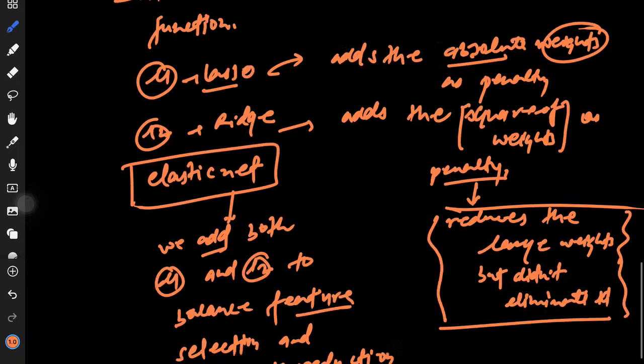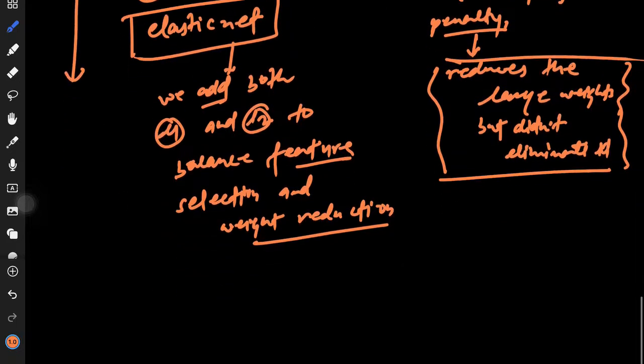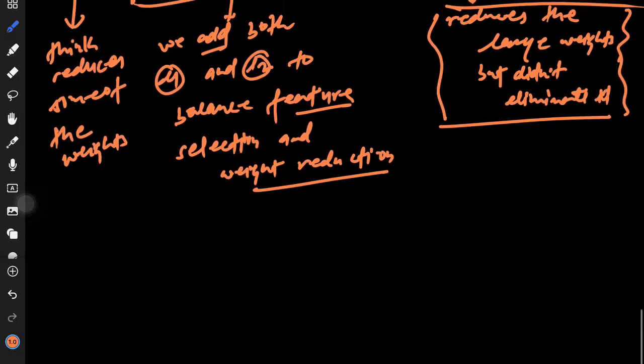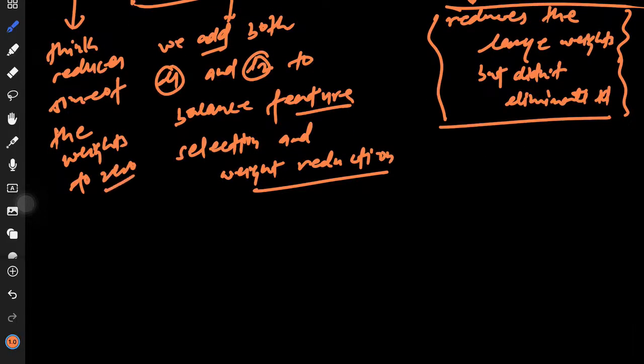And what L1 does is shrink some of the weights to zero, which reduces some of the weights to 0 and performs feature selection.